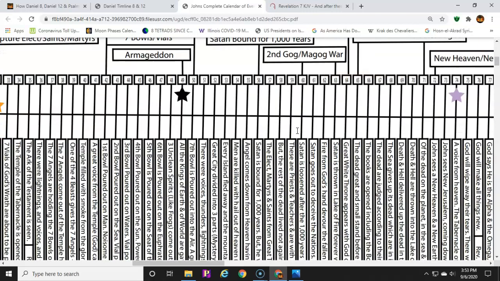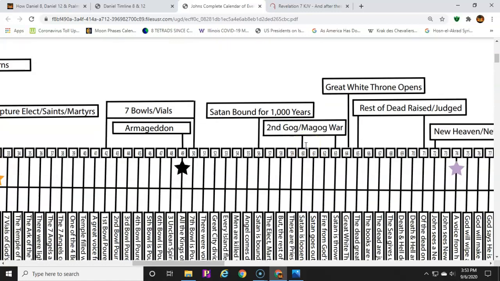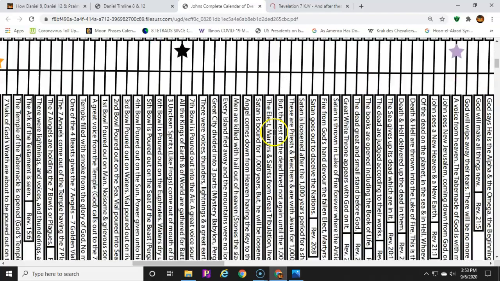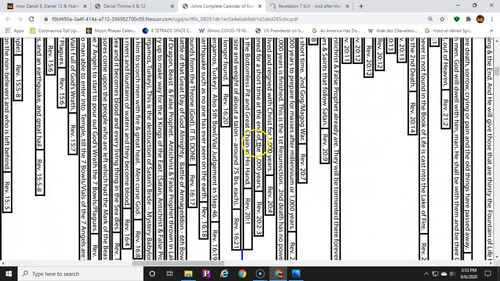And then once the book of life is opened, later in Revelation 20, as we're going to show you, the book of life is opened, and then all the rest are then raptured in what I call the second rapture. But this first rapture is for the elect saints and martyrs from great tribulation. They will be tested at the end of the 1,000 years.